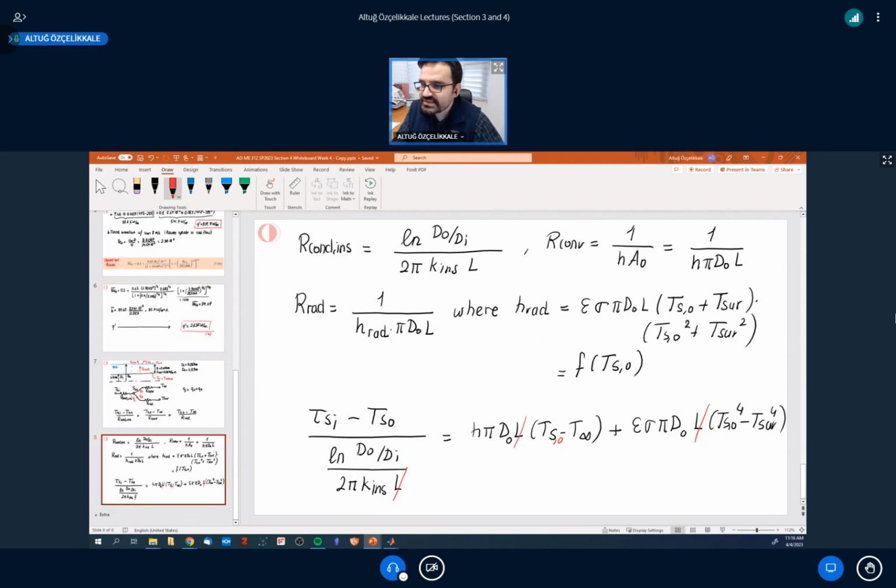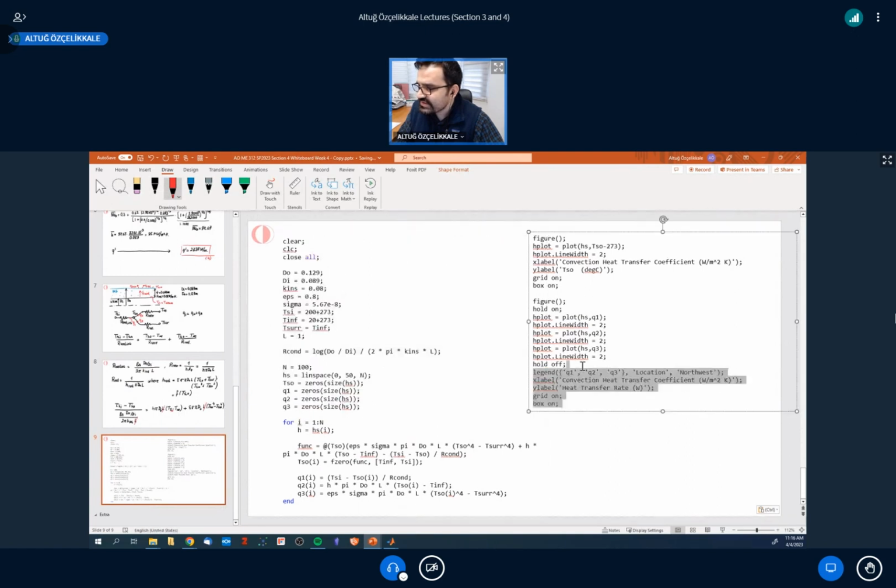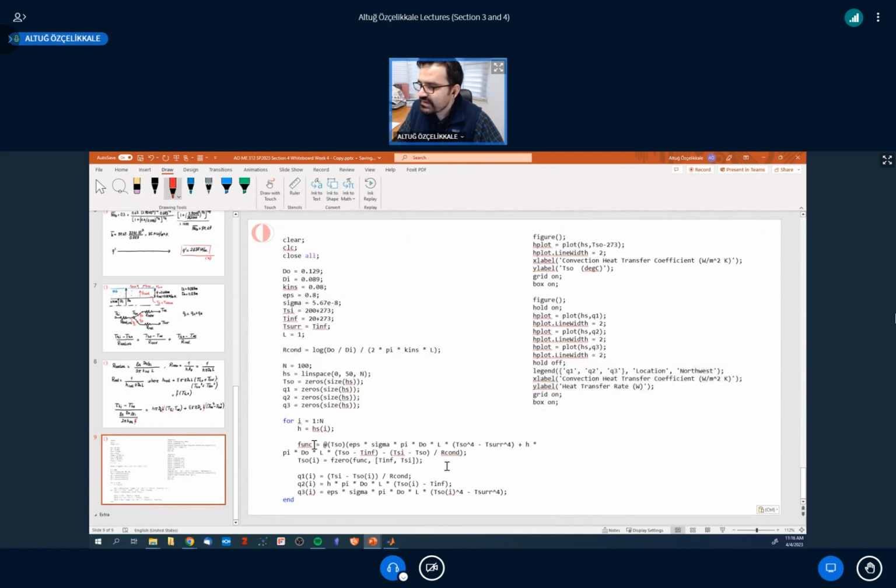What I did is I coded that. I was a bit lazy. I didn't want to do iterations. Instead, I wrote a MATLAB code to calculate that. A lot of this code is boilerplate for setting up the problem and then plotting the results. However, this part is what is actually doing the action. I picked a range of h.